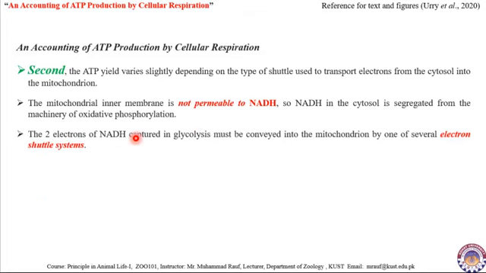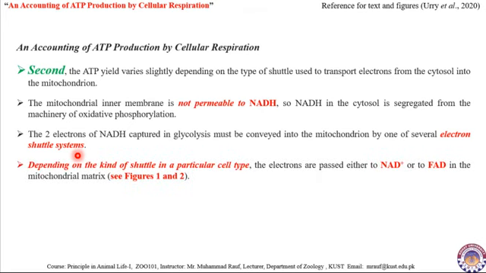The 2 electrons of NADH captured in glycolysis must be conveyed into the mitochondria by one of several electron shuttle systems. Depending on the kind of shuttle in a particular cell type, the electrons are passed either to NAD or FAD in the mitochondrial matrix.